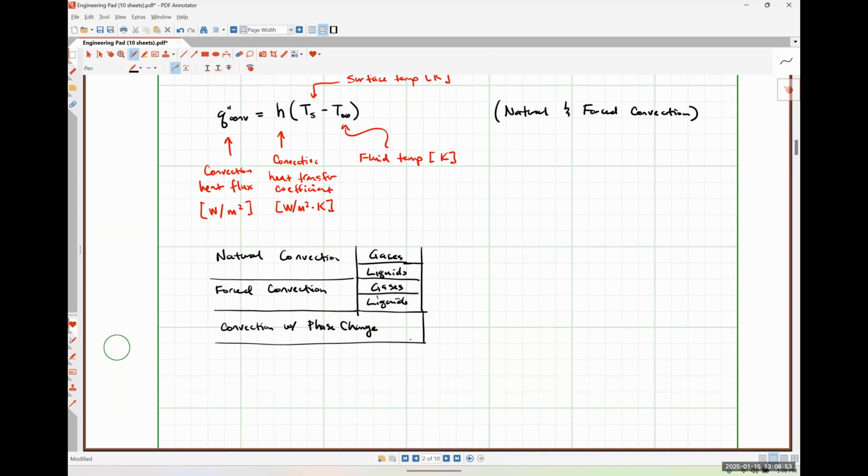So natural convection, the h value is going to be somewhere in the ballpark of 2 to 25 for gases and 50 to 1,000 for liquids.